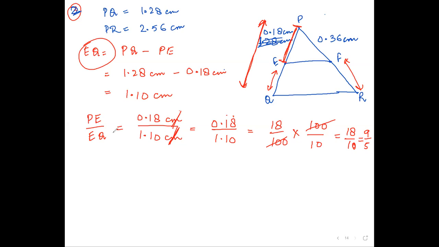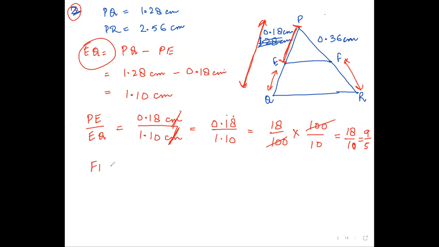Ma'am, first I need to find the FR, right? Yes, because it's not given. So how will you find? 2.56 minus 0.36. Yes, good. So basically PR minus PF, which gives 2.20.